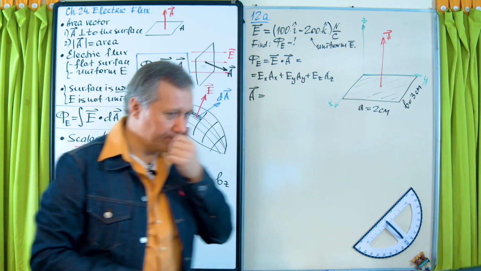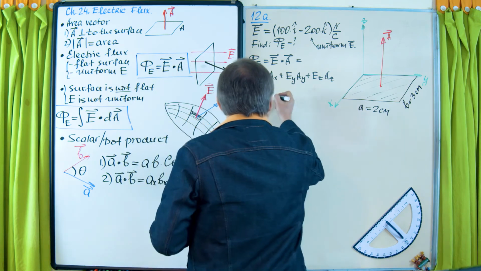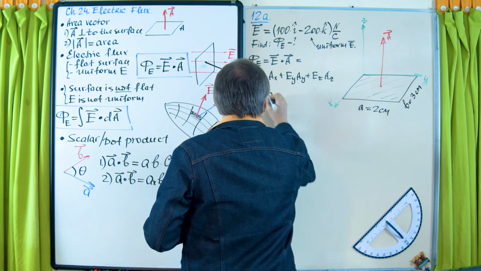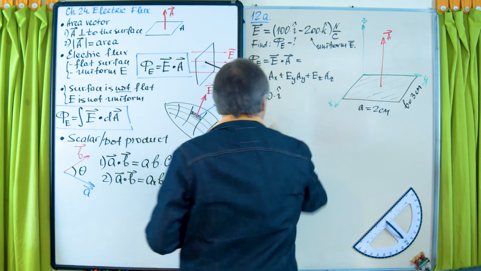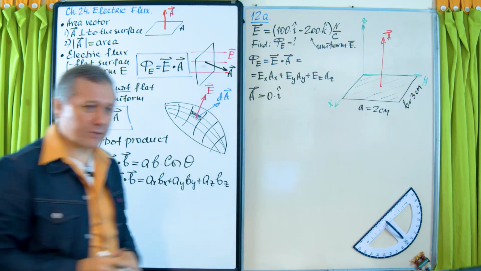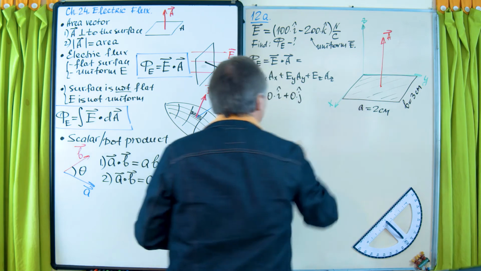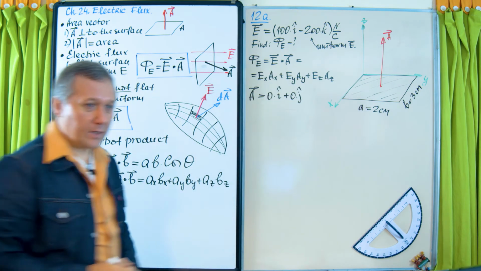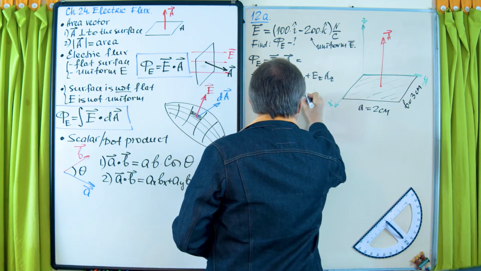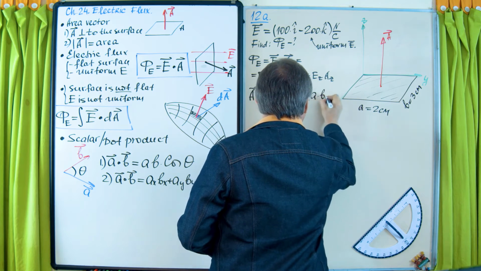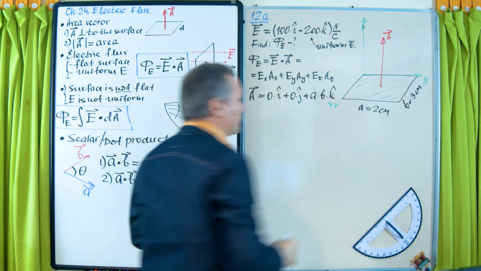It simplifies things. So now I can write 0 times i hat, so you see 0 component in the X direction, plus 0 component in the Y direction. And in the Z direction, of course, it will be just A times B, k hat.